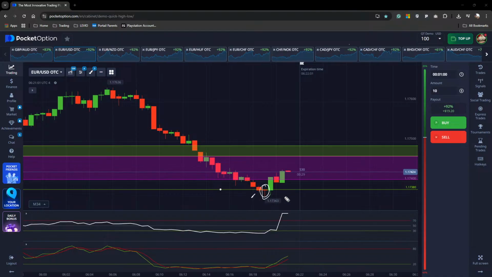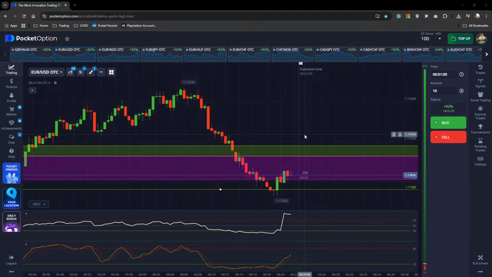And since these are 30-second candles, what would happen is that the trade would run these two candles. And that would have been a good trade, and it would have won. Get back to the cursor, pen down.